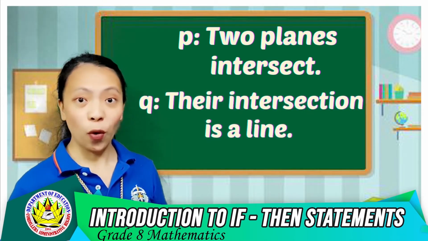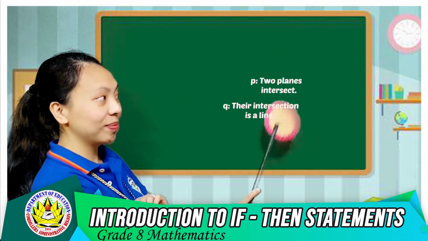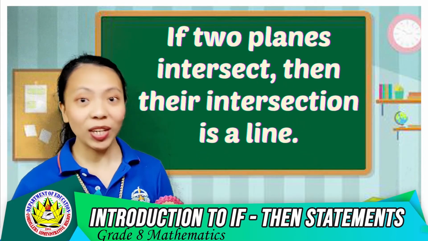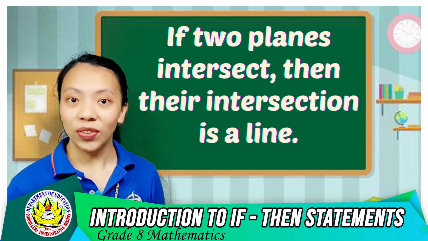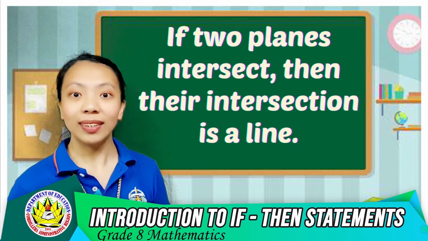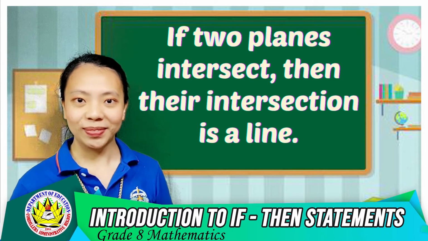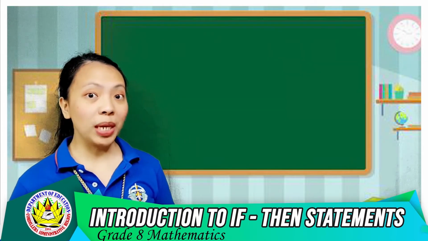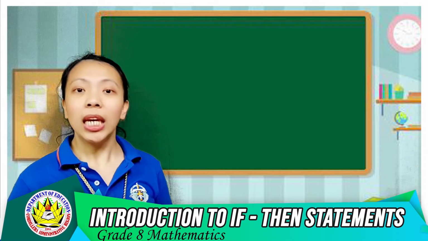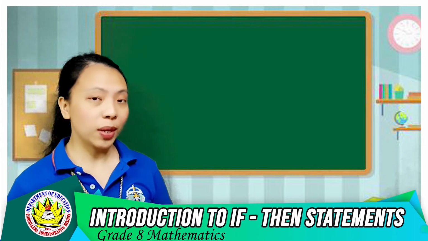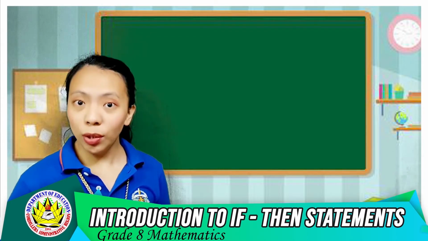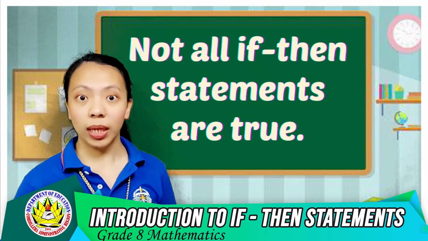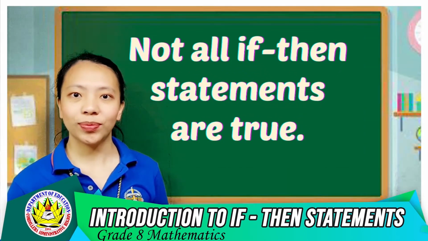Its if-then form is: if two planes intersect, then their intersection is a line. We are done transforming conditional sentences into their equivalent if-then forms. Take note, though, that not all if-then statements are true.